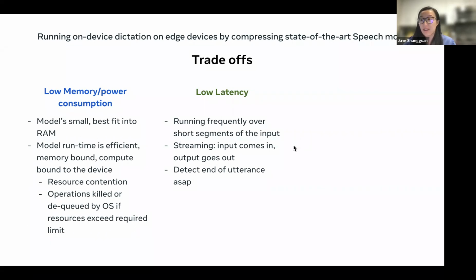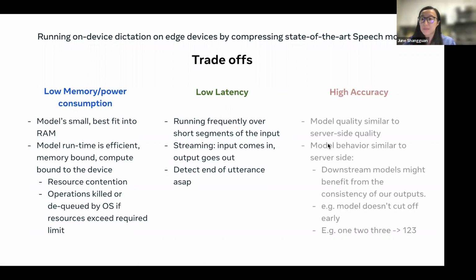Your model has to be running with very low latency. That also sometimes means that you have to run the model much more frequently than a non-streaming model. You probably have to run the model every 100 milliseconds or so. Last but not least, we really want this on-device model to be as good as server-side quality. There's a reason: users or consumers expect very good outcomes from an on-device model, almost as good as what they're used to on server.